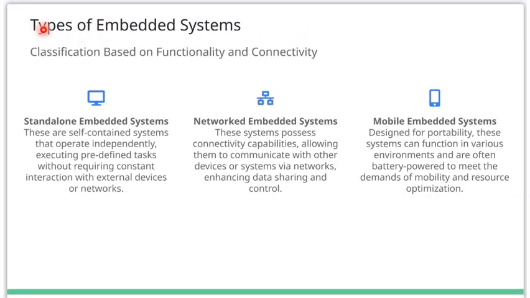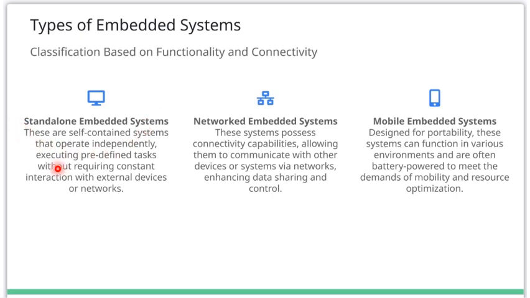Next part, we need to have the idea of the types of embedded systems. These types can be based on their functionalities or on their connectivity. To begin with, we are talking about the standalone embedded system.